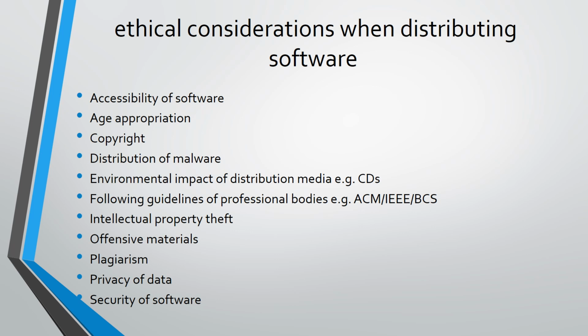It should be age appropriate, copyright, distribution of malware, environmental impact of distribution media, following guidelines of professional bodies, intellectual property theft, offensive material should not be shared. We should not plagiarize some other person's content, privacy of data, and security of the software. And there are a lot of other responsibilities we should consider, and these are the most important.